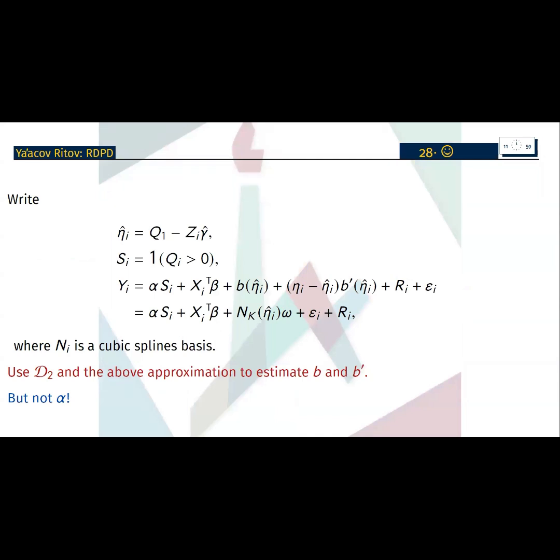Now we have the residual, and we plug it into this equation, and eta n is a cubic spline basis, but we can do other things.